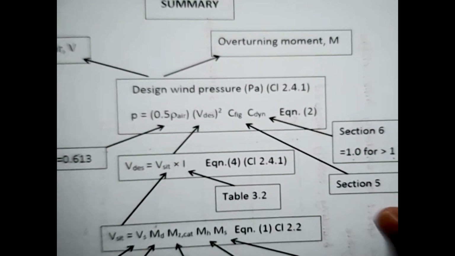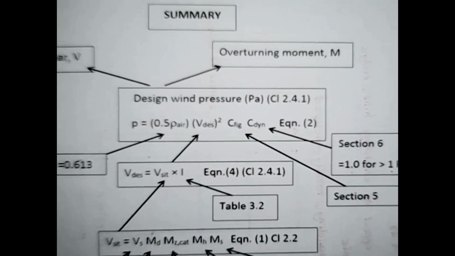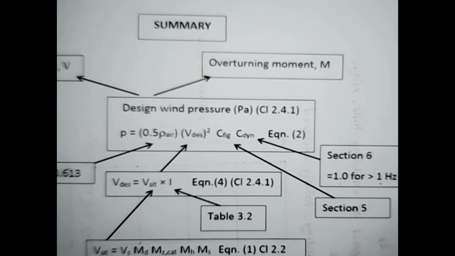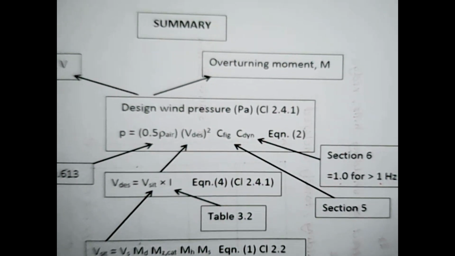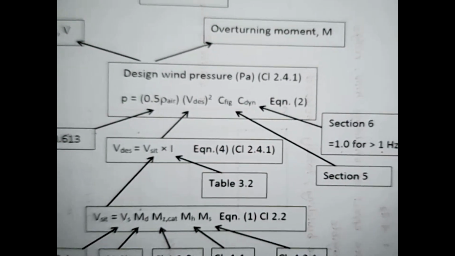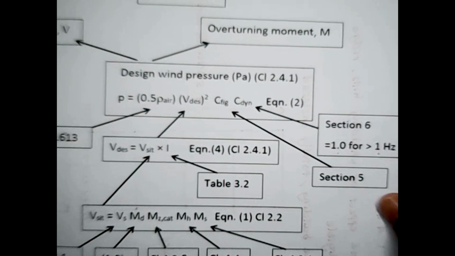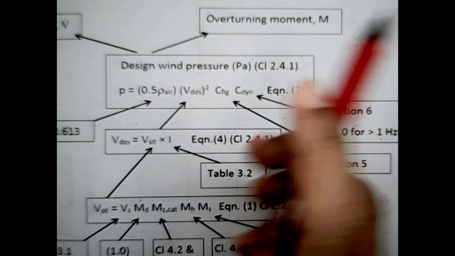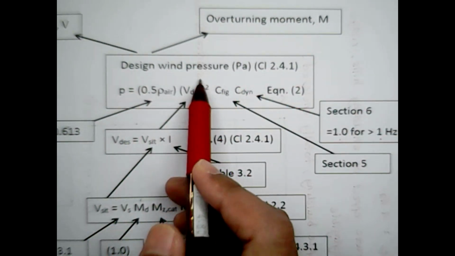Okay, before we continue, let me give you some general idea on this wind loading topic, and what I can say is a summary of this topic. So as I said earlier, the objective is for you to determine the design wind pressure acting on your structure.